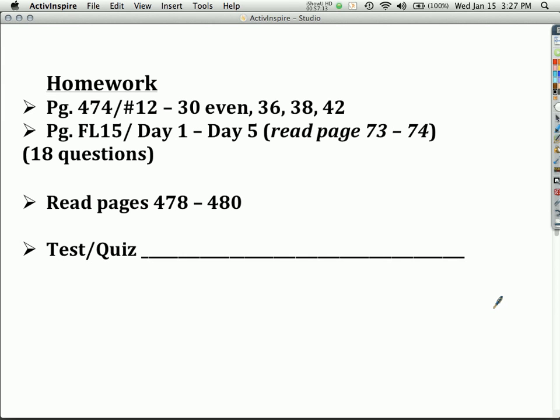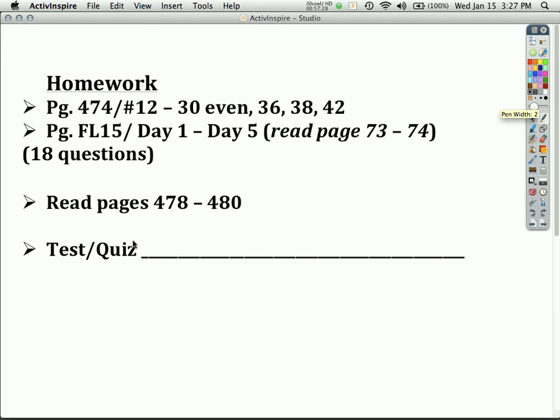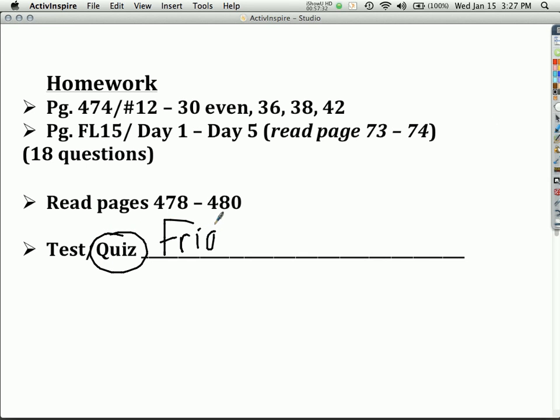So you are going to read these pages right here. Read pages 73 and 74, and that is going to explain the Venn diagrams to you. Then you're going to read the next section, and then you are going to prepare yourself for the quiz on Friday, which will be 7.1 to 7.5.